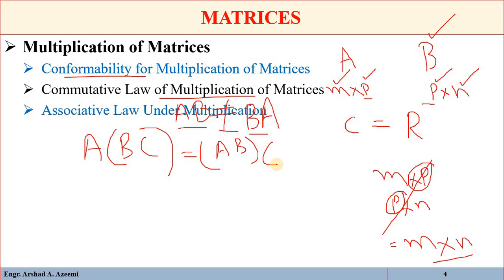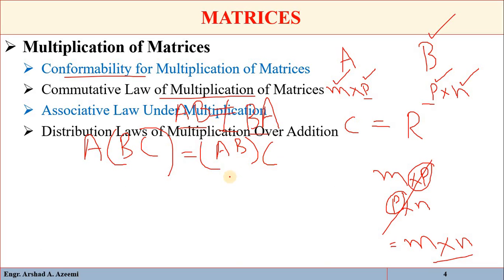Distributive law of multiplication over addition: if we have three matrices, then B plus C multiplied by A will be equal to A multiplied by B plus A multiplied by C.